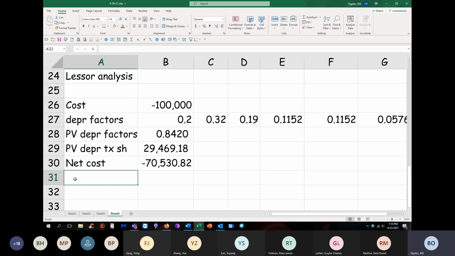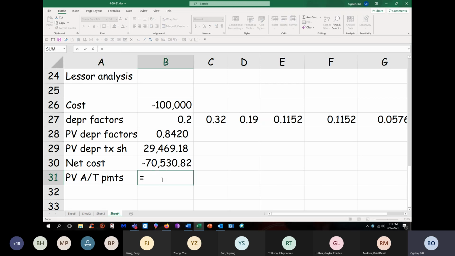Let's find the NPV. So present value after-tax lease payments. I hope you know that's what it is. So equals, now this will be the present value function.